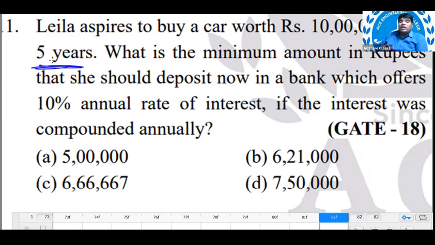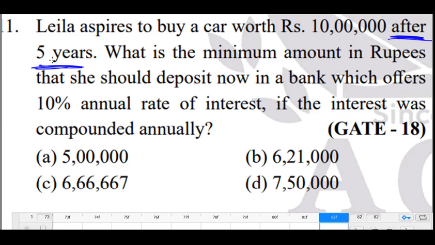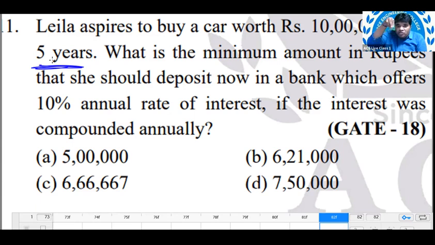So what is the minimum amount in rupees that she should deposit now in a bank which offers 10% annual rate of interest? What is the principal? Suppose the present principal invested is X, after 5 years it becomes 10 lakhs. After 5 years it becomes 10 lakhs means what is the present principal? That is the question actually.